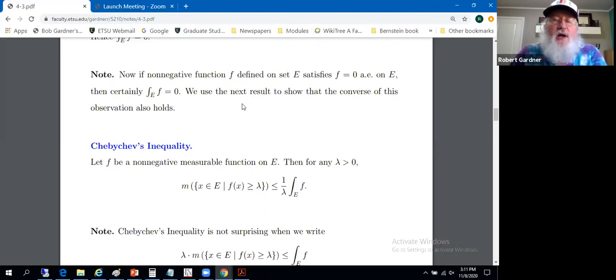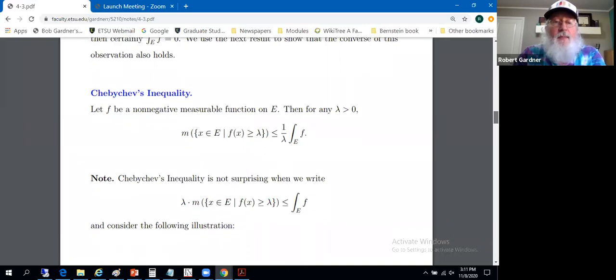We want to show the converse of that. So functions which are 0 almost everywhere will have integrals which are 0. Does that mean if we have non-negative functions which have integrals of 0, then those functions must be 0 almost everywhere? It does, and we'll prove that using the following.